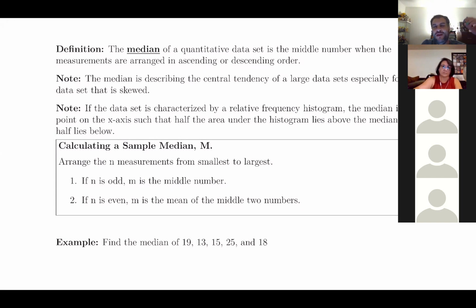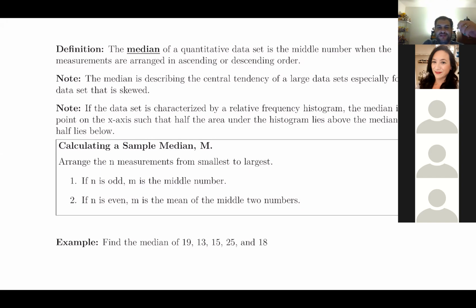All right, so the other way that we could calculate the central tendency is by calculating something called the median. The median is the middle number. So we're going to arrange our data set from lowest to highest, and our median will always be the middle number. Whatever number is in the middle, that's going to be our median. There are 2 scenarios depending on our sample size.